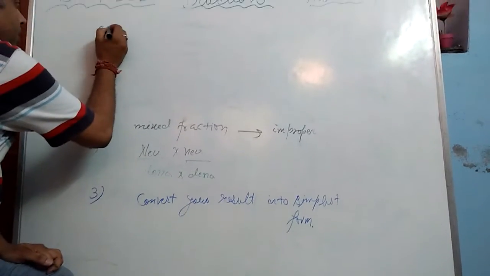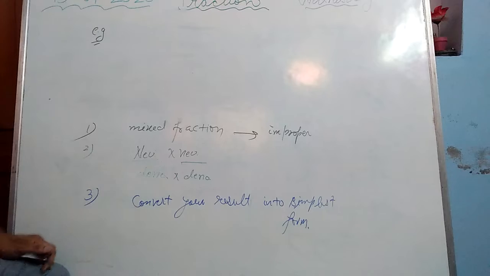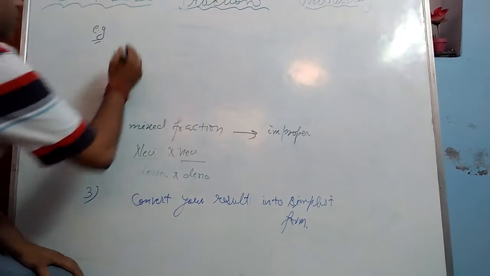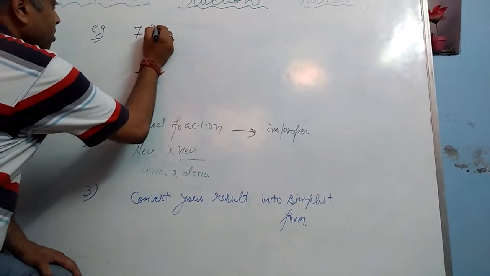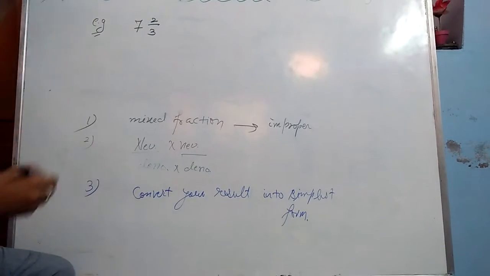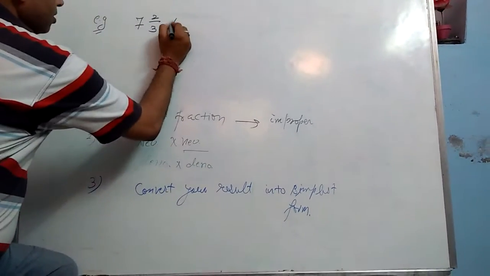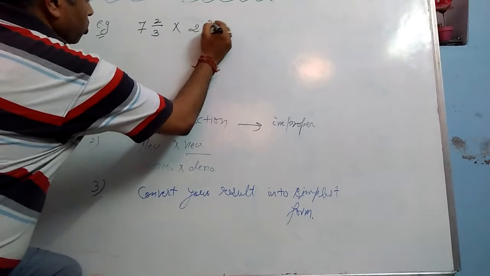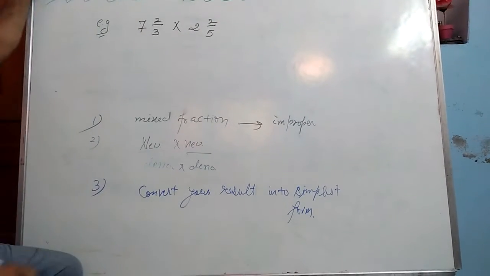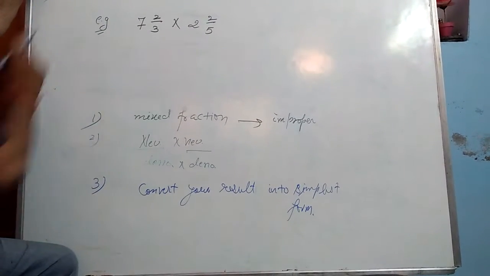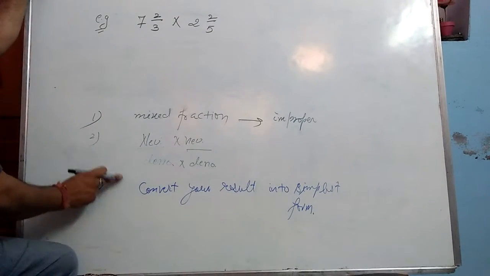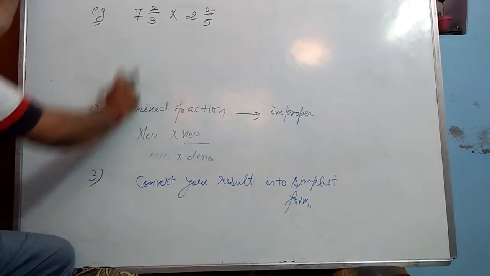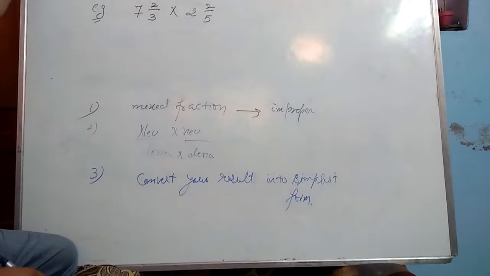Here I am taking one example in which we have two mixed fractions. My first mixed fraction is 7 2 upon 3, and this is multiplied by 2 2 upon 5. We solve it by following my three steps. According to my first step, these two are mixed fractions.